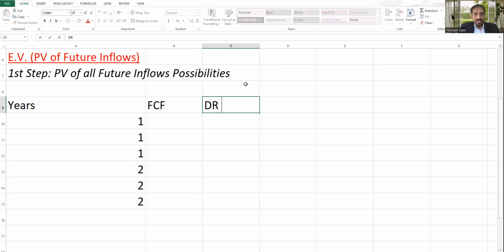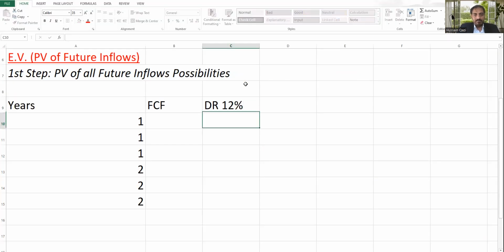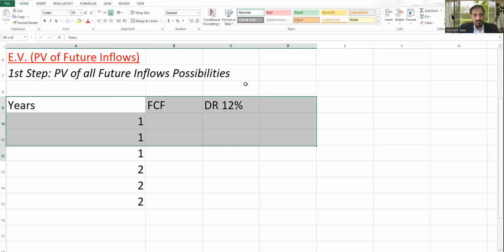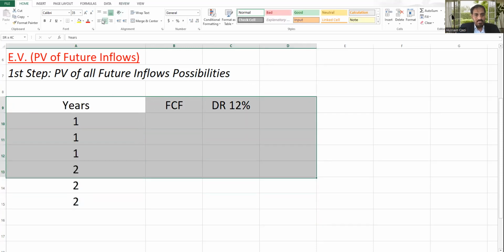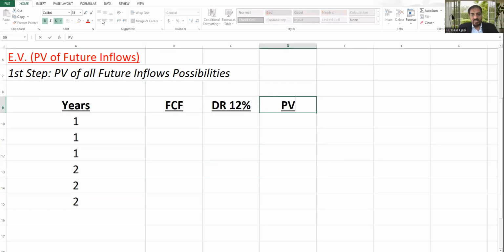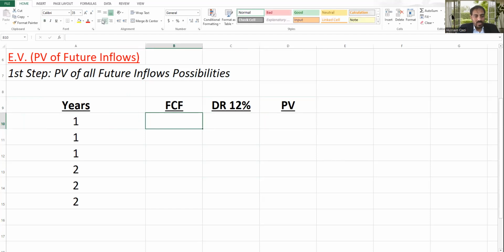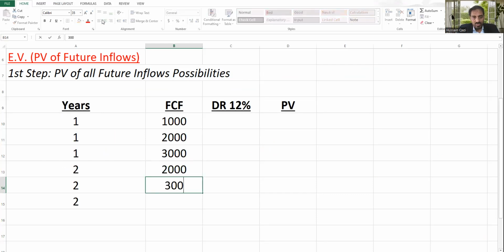The discount rate is 12%. And these are the present values. Listen carefully. What are the cash flows? That's 1,000, 2,000, 3,000, and 2,000, 3,000, and 5,000.